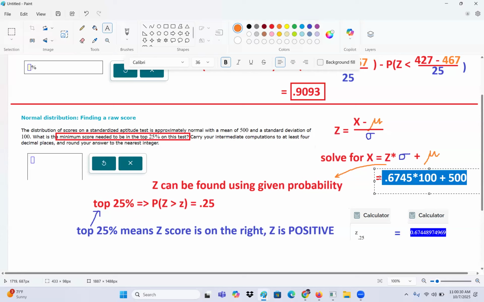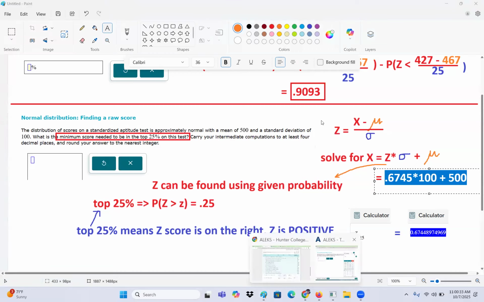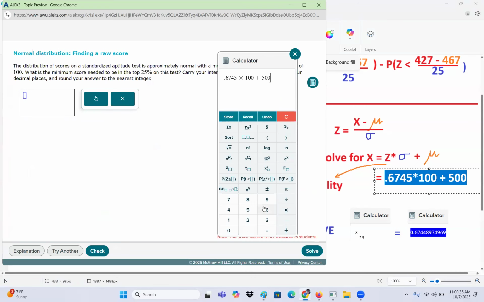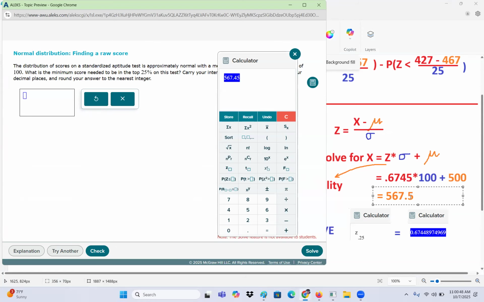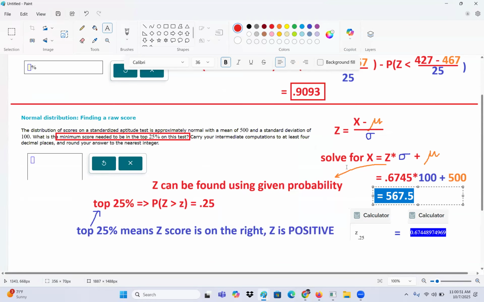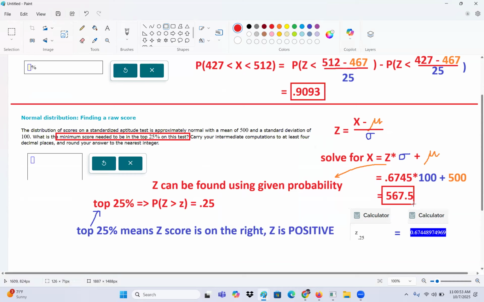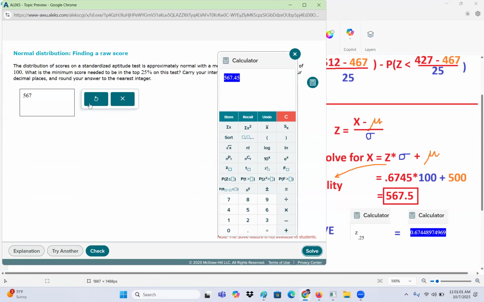So you compute on the calculator. You're going to get 567.45, so 567.5. Just round it to 567, I would say.